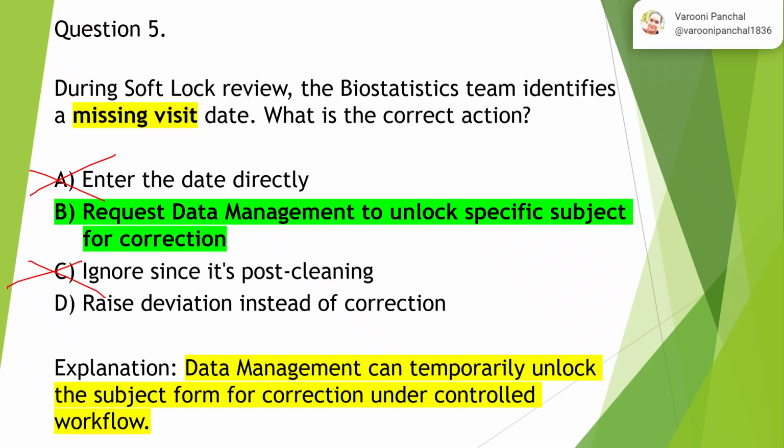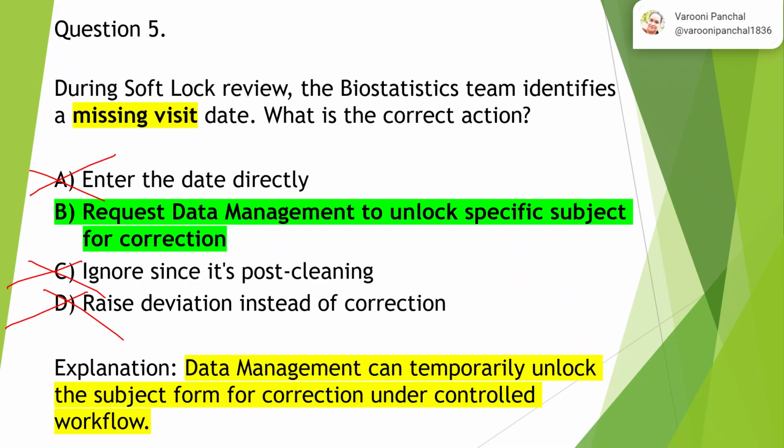Now, a missing visit date is not a deviation, right? If the specific visit has not occurred as per the scheduled visit, and it has occurred, say 2 days after, or some other related issues where it has created some non-compliance as per the scheduled time points, then in those scenarios you can raise a deviation, but not in this case.